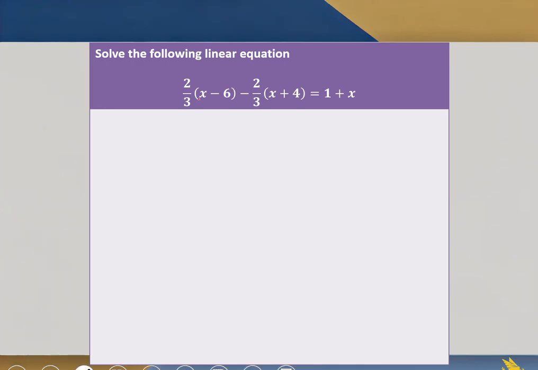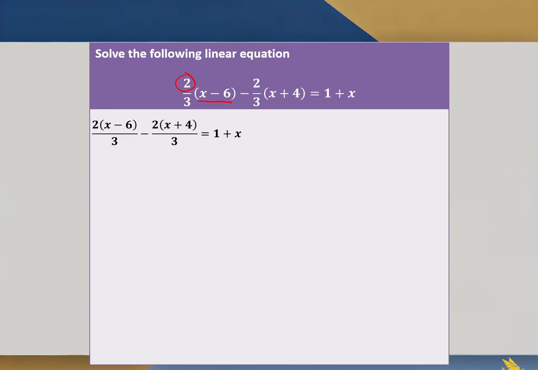When we have something next to a fraction, it's really timesing with your numerator. So I'm going to rewrite that as 2(x - 6) over 3. And I will do the same to my other function, which will be 2(x + 4) over 3. It makes it look a bit easier for me.